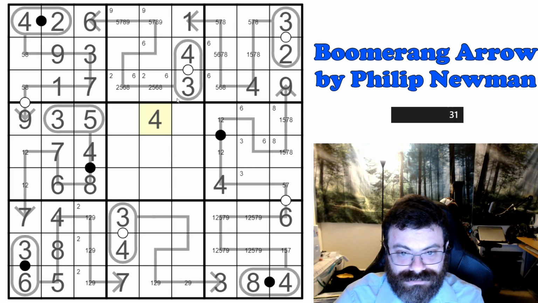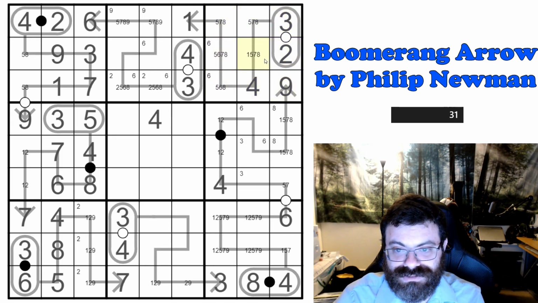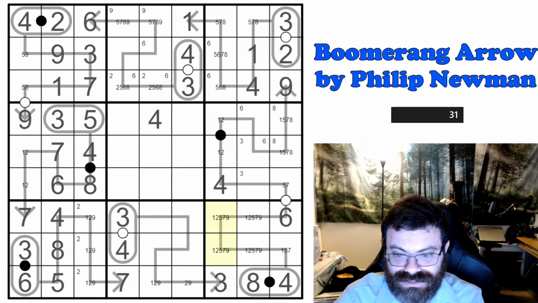Okay. What about... Should I just go through the numbers? Yeah, 1 in this box has to go here, just based on my pencil marks. Yeah, we have a 1, 2 pair looking up here, and this one looks over there. So there's a 1 here. This 1, 2 pair means these can't be 1, 2. And these can't be 1, so the 1 goes here.